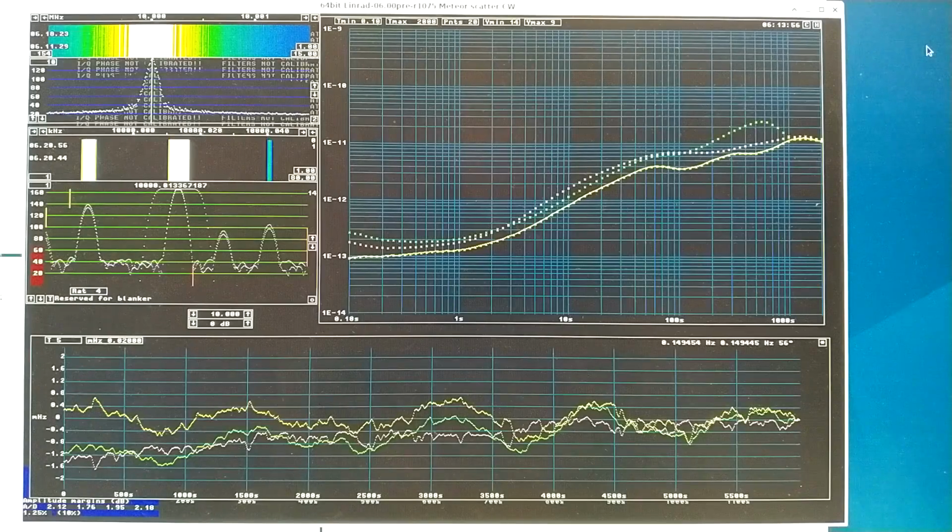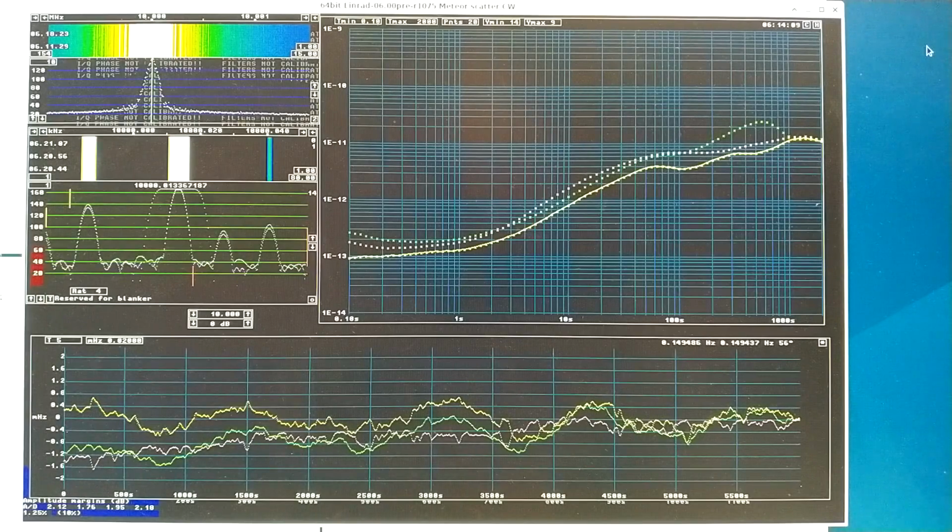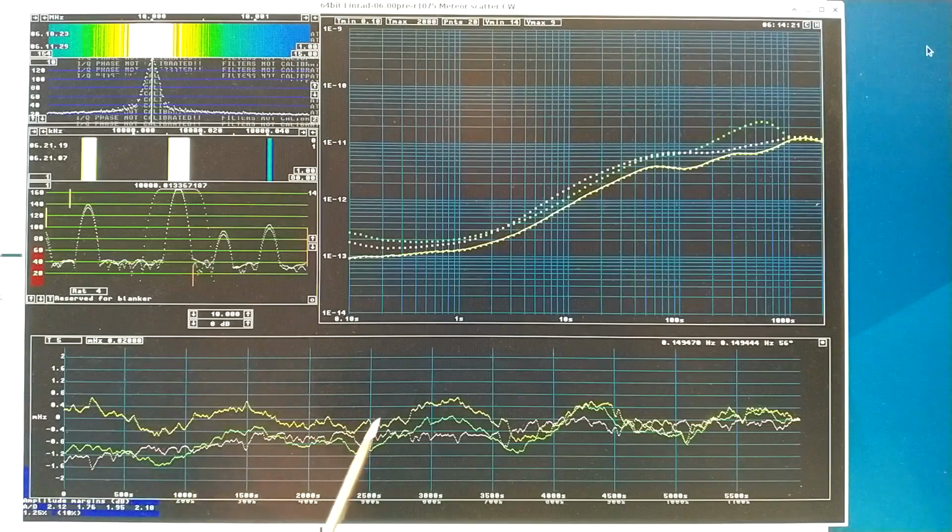Now both channels are phase locked to the Infrasound LPRO 101 rubidium stabilized oscillator. The time constant here is very long. It's about 2200 seconds. And we can see an oscillatory behavior on channel 1.